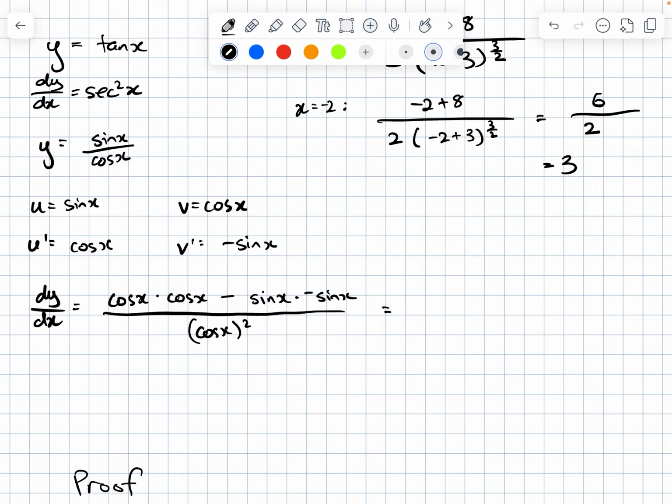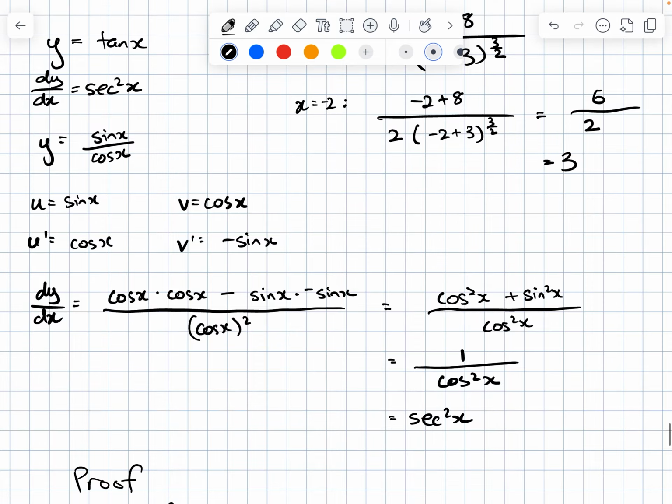Now simplifying the numerator, we get cos squared x plus sine squared x all over cos squared x on the denominator. Cos squared x plus sine squared x is equal to 1. That was one of the first identities that we learnt in the trig unit. All over cos squared x. Now since 1 over cos is equal to sec, 1 over cos squared is equal to sec squared, which is the answer that we expected.